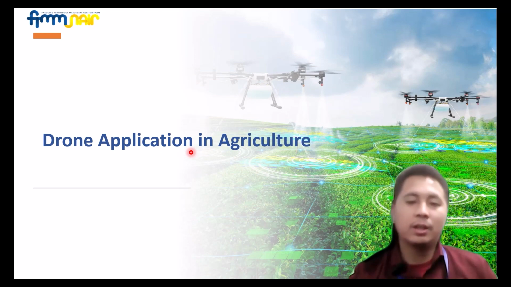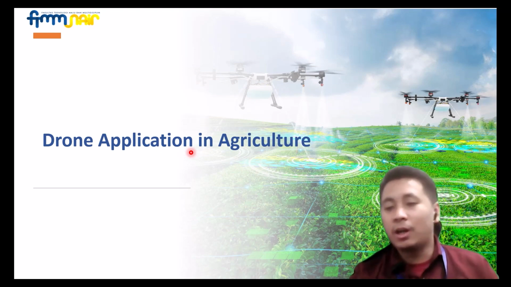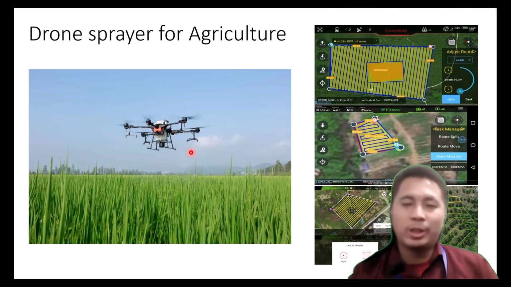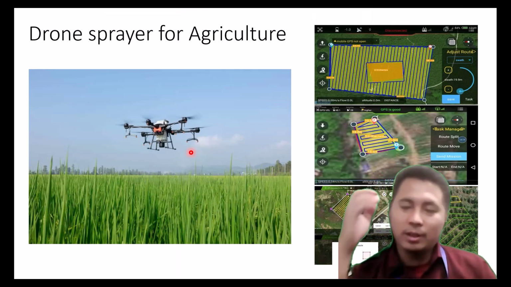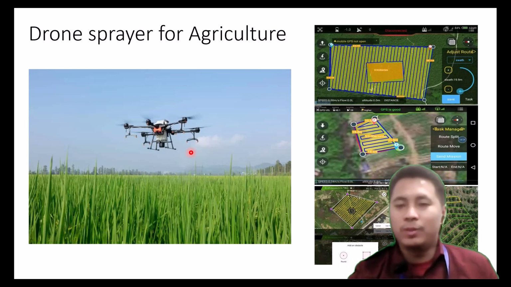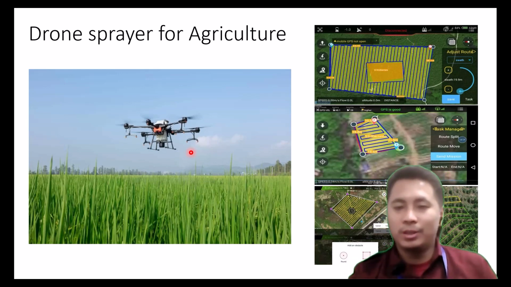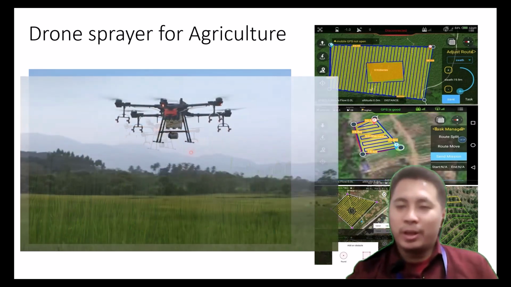And in the end, what are the drone applications in agriculture? There are actually so many applications, but I only discuss two of them that are really hyped nowadays. It's the drone sprayer for agriculture.